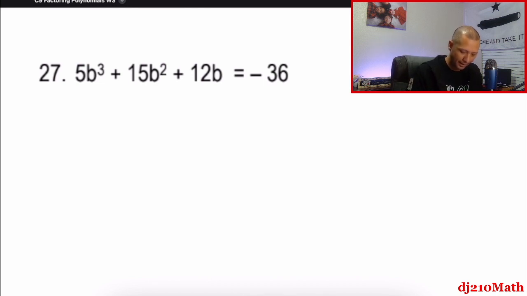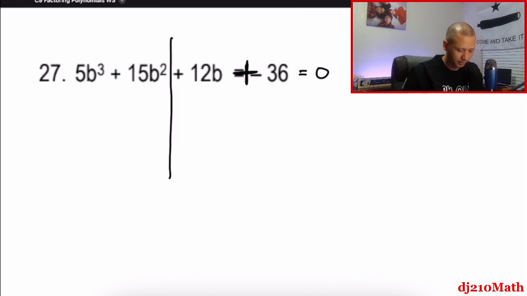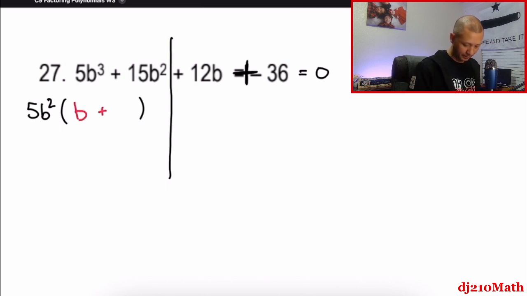I'm going to add 36 to both sides. And this is equal to 0. We're going to split it down the middle. On the left-hand side, GCF is going to be 5b squared, it looks like. What's left behind? A b plus 3. We check ourselves, right?